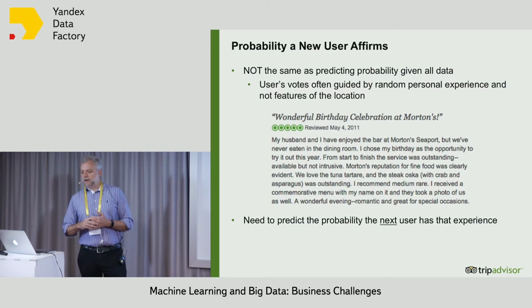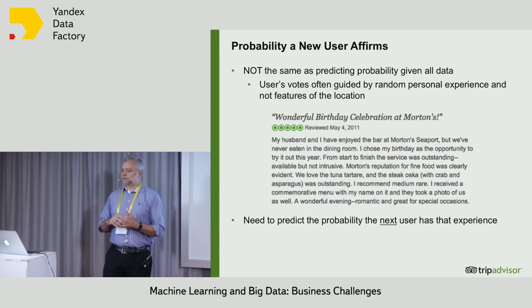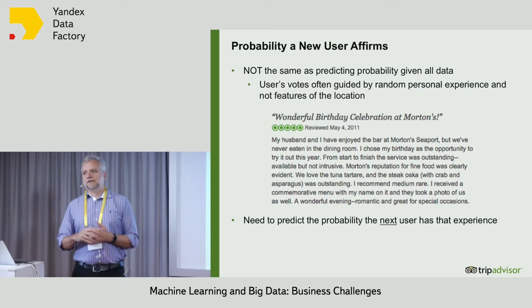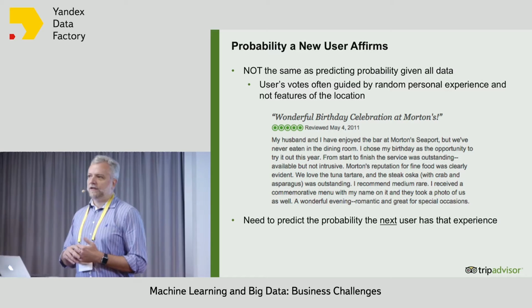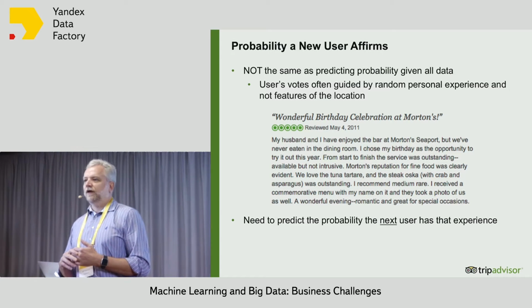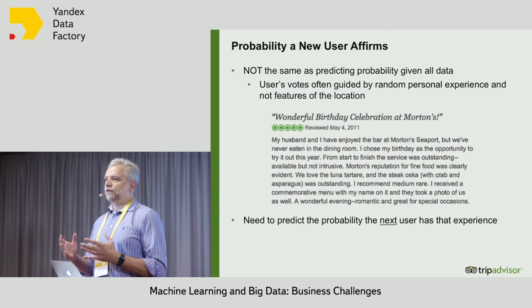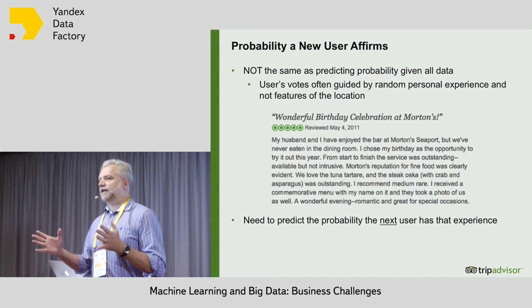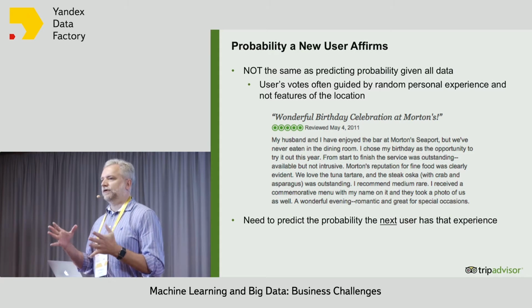So what do I mean by the probability that a new user affirms? It's not the same as predicting from all the data that you have on the location. The issue with that is that a lot of times you'll have a user that goes to a particular location and has a particular experience, and that basically colors their view of the location.